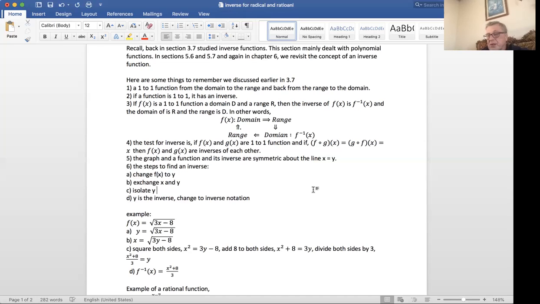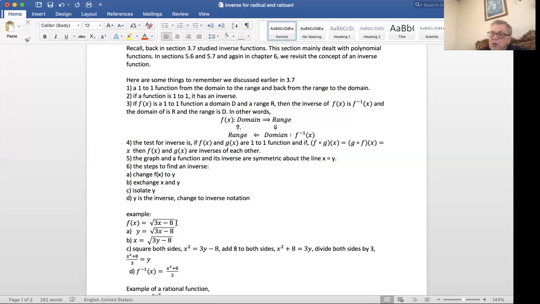In section 5.6, we're going to see some rational functions. In section 5.7, we're going to see some radical functions. So let's take a look at a radical function with a square root. If this was a cube root, we'd end up cubing both sides. If it was a 15th root, we'd take the 15th power of both sides. Remember, square roots and squares are inverses of each other, and cubes and cube roots are inverses of each other.